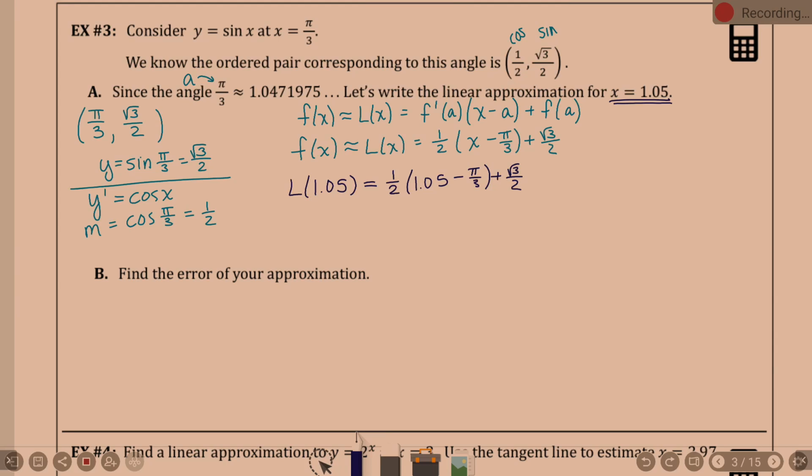And for obvious reasons, there is a calculator on this one, isn't there? Because we're not doing that one without a calculator.